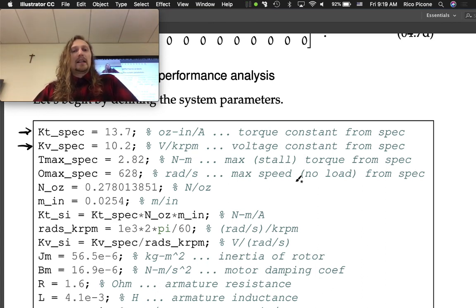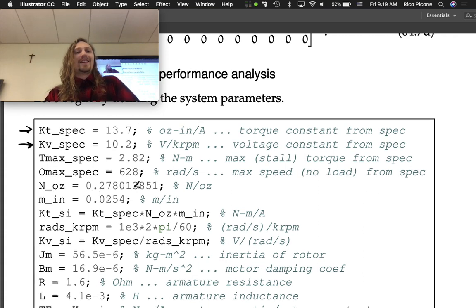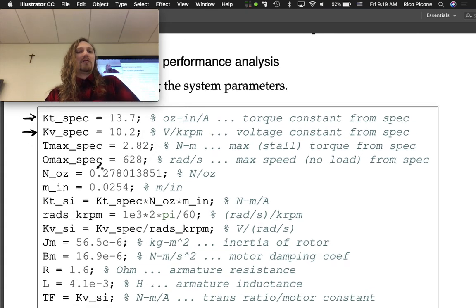I then put in the Newton to ounces conversion, and then the meters to inches conversion. I just define those quantities, and then I take KT from the spec sheet and convert it to SI units by multiplying by ounces to Newtons and inches to meters, and I get the result in Newton meters per amp.